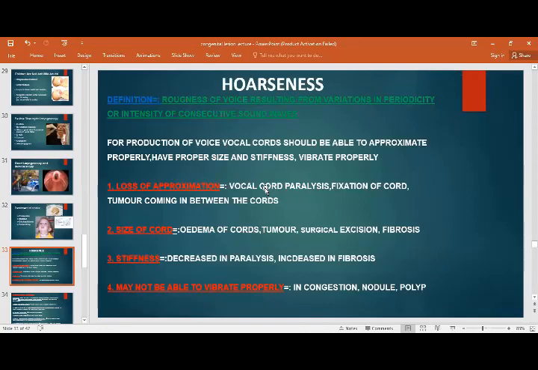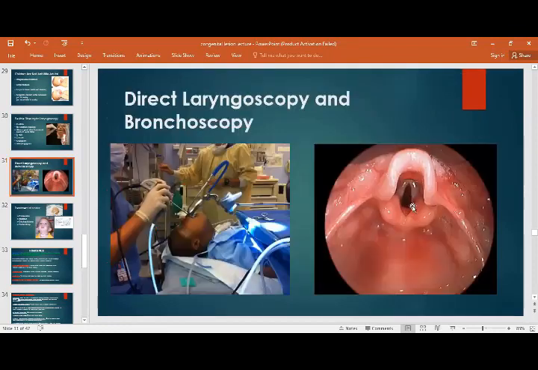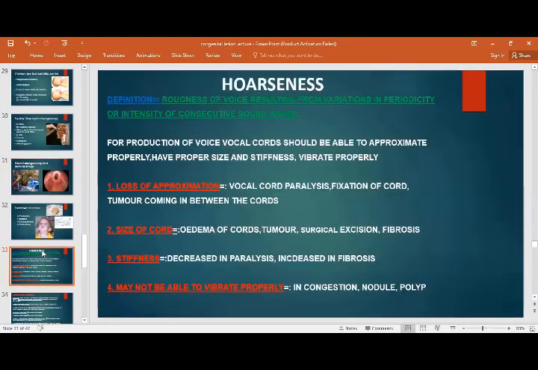For normal voice production, as you see in this picture, you need proper approximation of the vocal cords, they must be properly mobile, and proper size and stiffness must be present. Otherwise, the immediate problem is hoarseness of the voice.